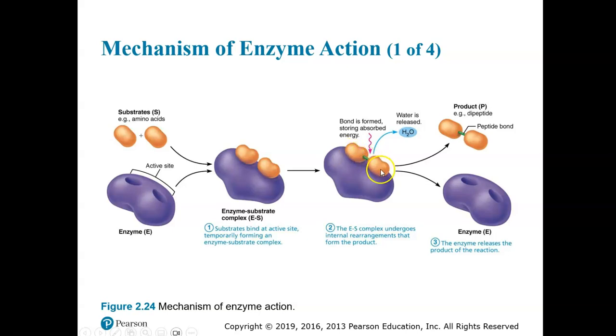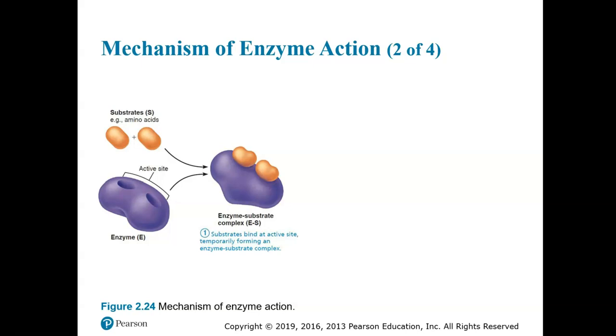And it will speed up the process. It will speed up the chemical reaction by lowering the activation energy that's required for those amino acids to combine. They're now going to form into a peptide, and then that enzyme can now be reused. It can be used over and over again to cause the same reaction with 2 different amino acids.